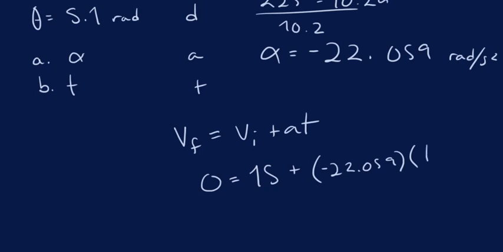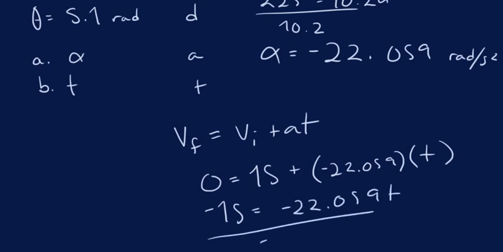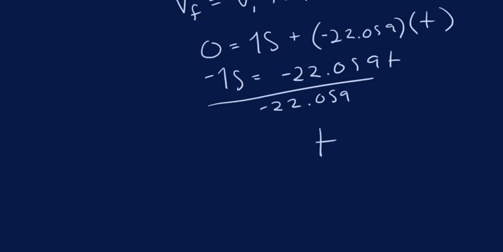Negative 15 equals this. Divide. And t equals 0.68 seconds.